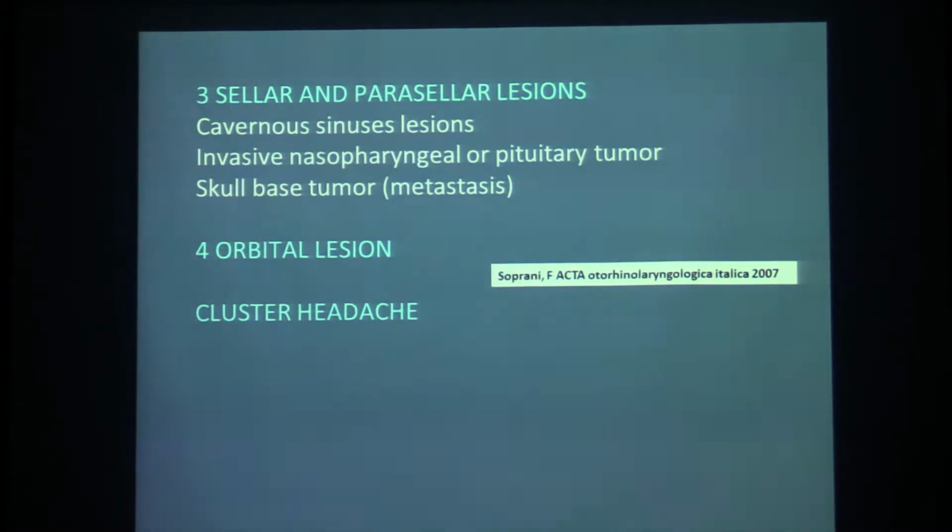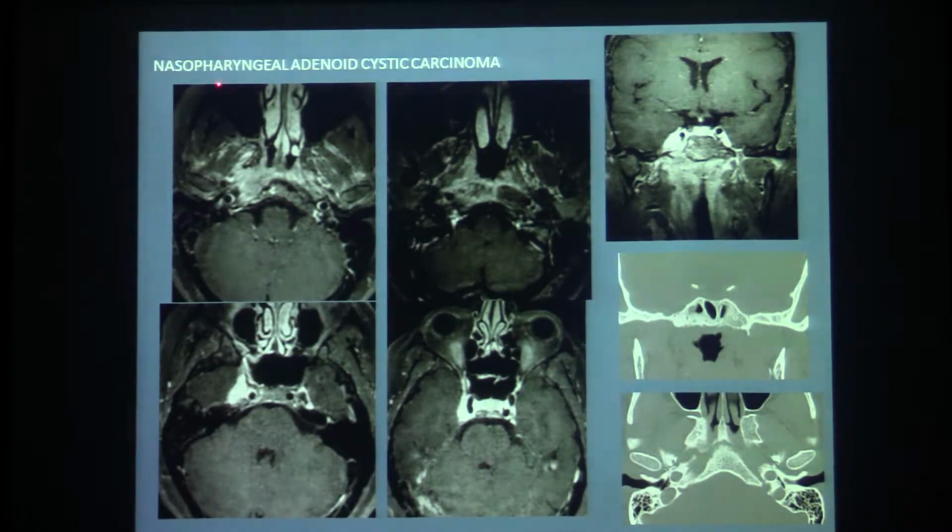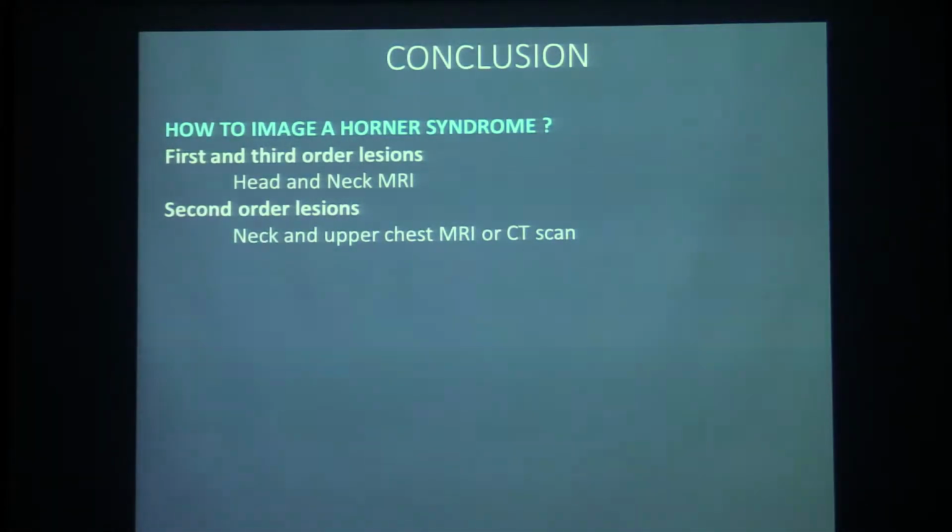All the orbital lesions can potentially give a Horner syndrome. And this is an example of a pituitary macroadenoma, which goes in the right cavernous sinus and which gives Horner syndrome, or a nasopharyngeal adenoid cystic carcinoma, which goes from the nasopharyngeal area to the cavernous sinus and provokes a Horner syndrome.